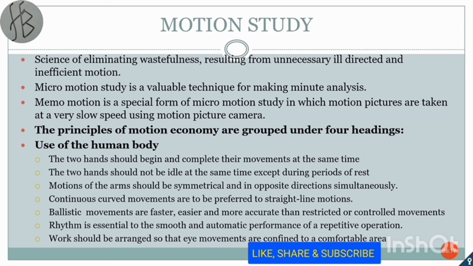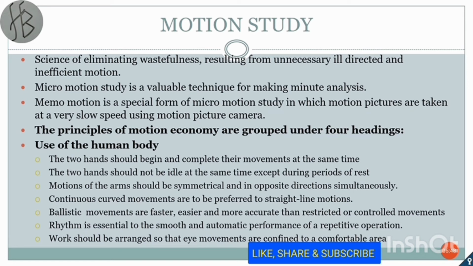Micromotion study is a valuable technique for making minute analysis. Memo motion is a special form of micromotion study in which motion pictures are taken at a very slow speed using a motion picture camera. Then these pictures are studied and we eliminate the wasteful motion from the sequence of the work.